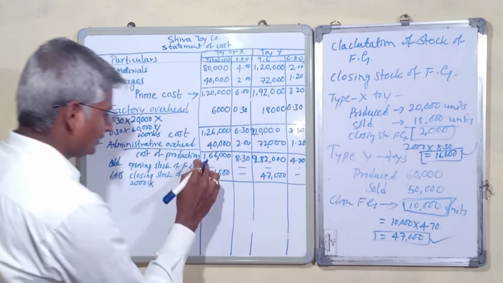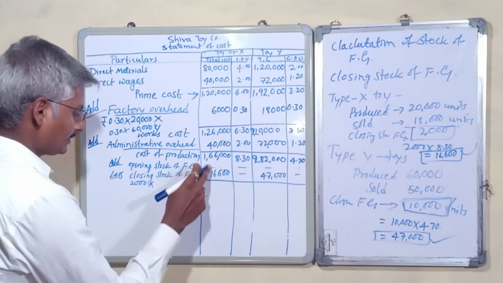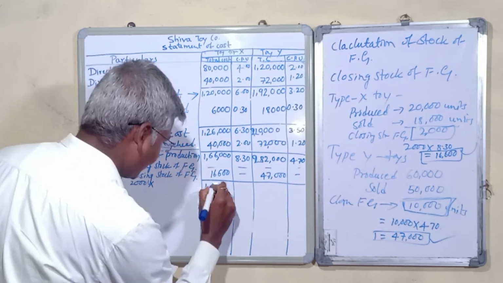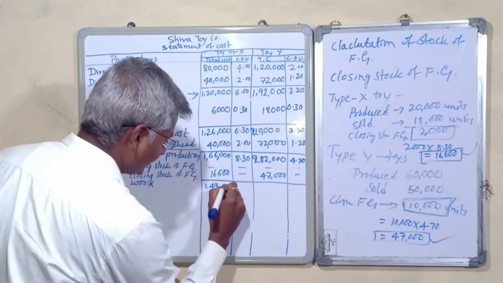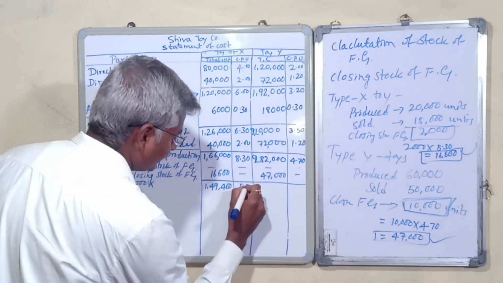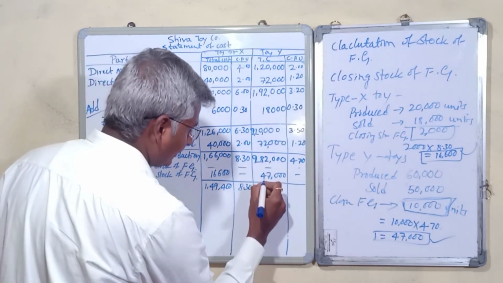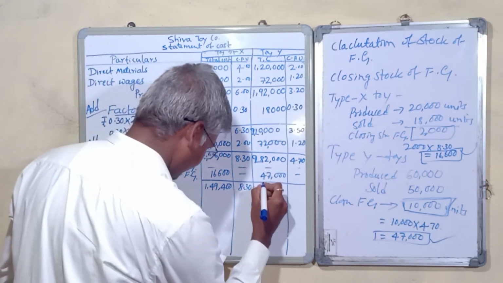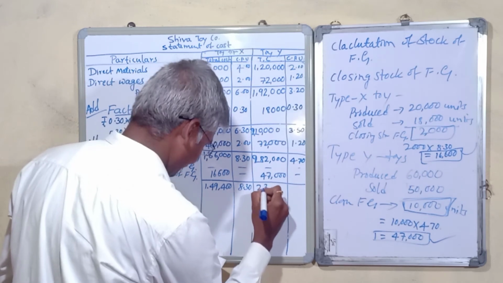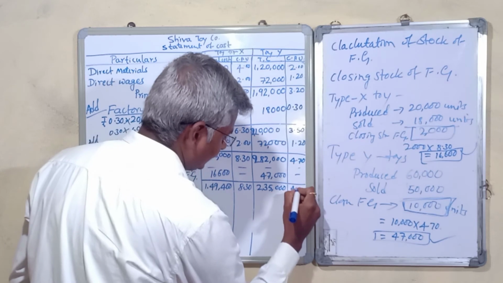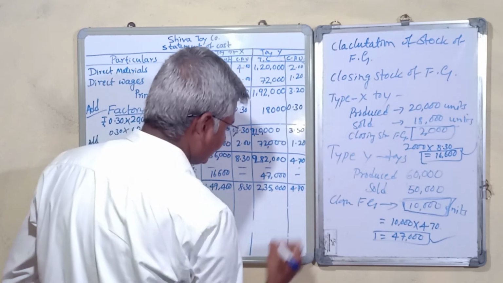If you deduct closing stock of finished goods from cost of production, we will get 1,49,400 for 8 rupees 30 paisa. From 2,82,000 minus 47,000, we will get 2,35,000, for 4 rupees 70 paisa.